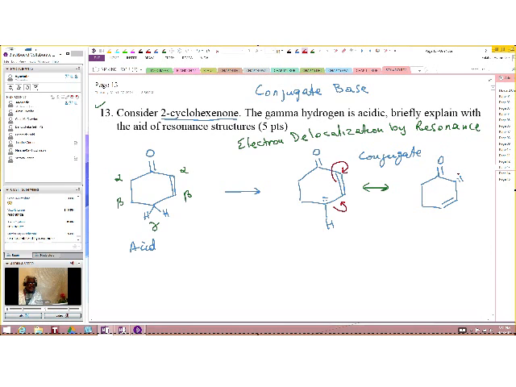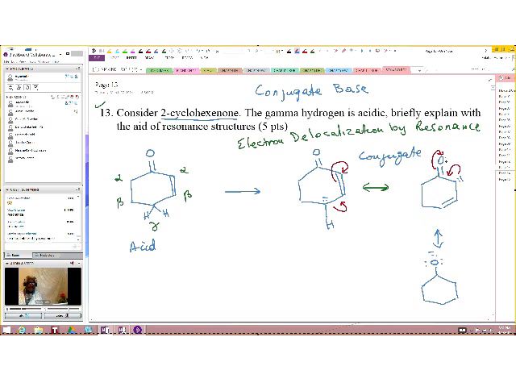So we move this pi electron to oxygen. And then what do we now have? Oxygen is now negatively charged.